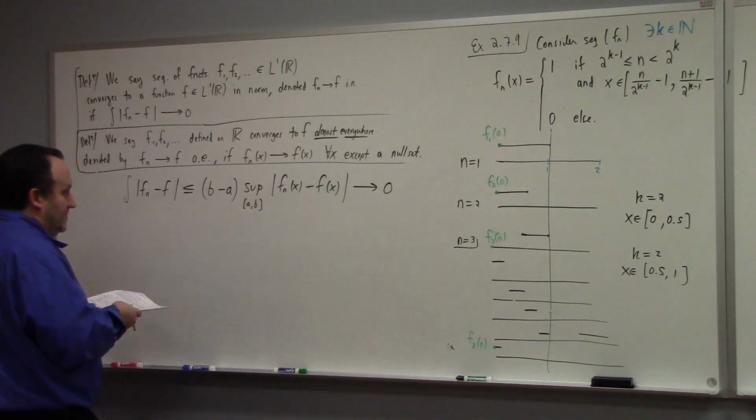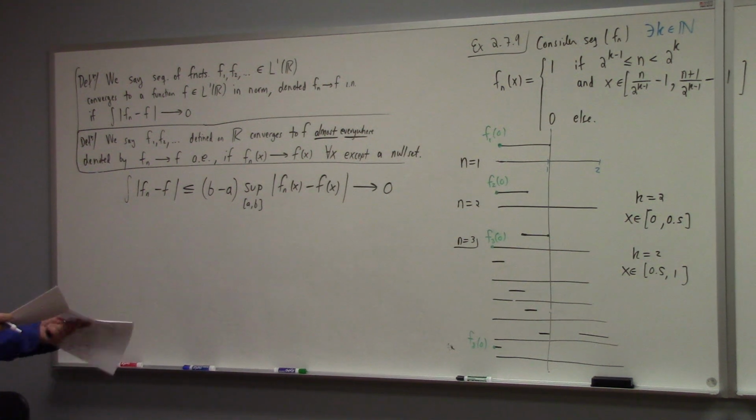And in this case, I said it in words, let me say it again. He says if f and f1, f2, are integrable functions that vanish outside a bounded interval a to b, and the sequence Fn converges to F uniformly, then Fn converges to F in norm.